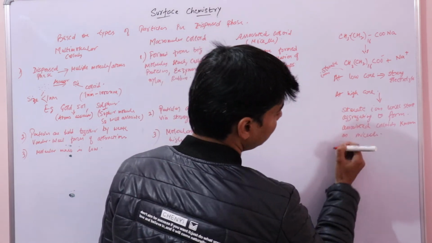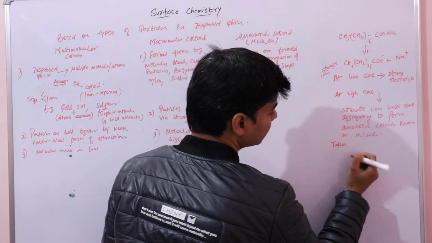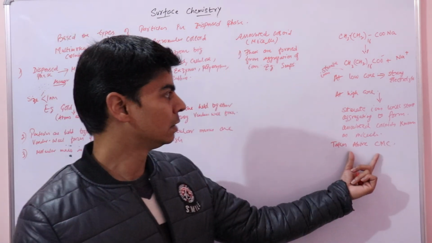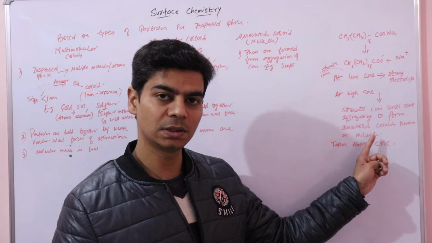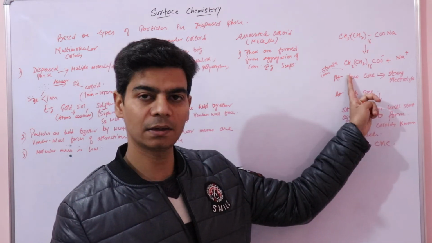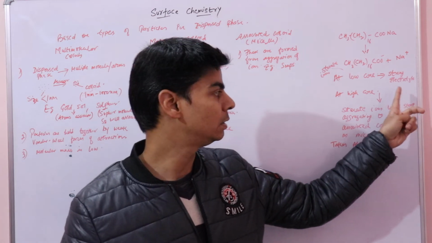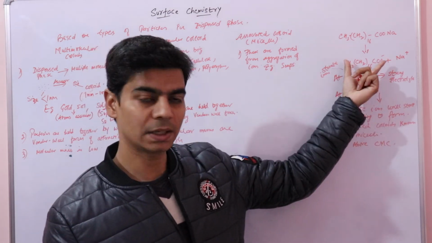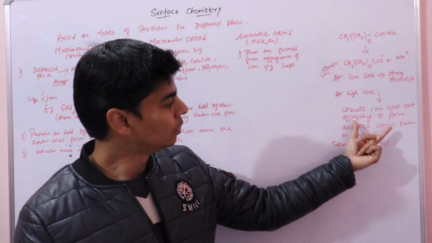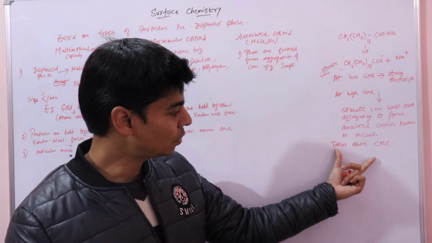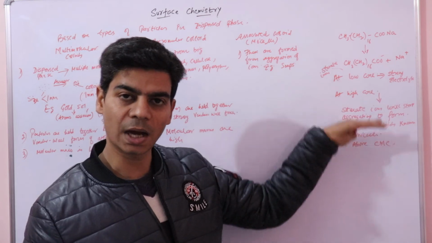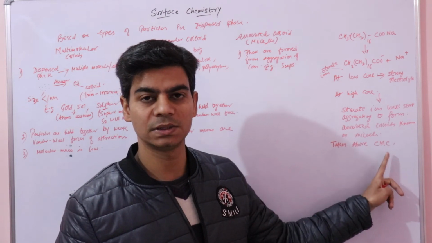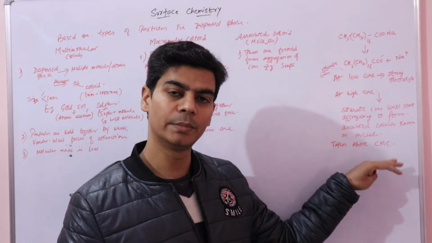So this takes place above CMC, because this micelle formation doesn't take place at low concentration, where it behaves like a strong electrolyte, but at higher concentration ions will start aggregating to form ionic micelles. So the concentration above which these ions start aggregating to form ionic micelles is known as critical micelle concentration, CMC, and this takes place above a certain temperature.